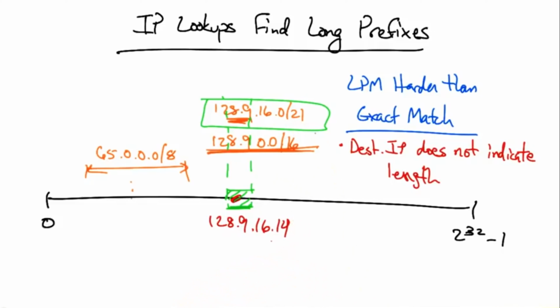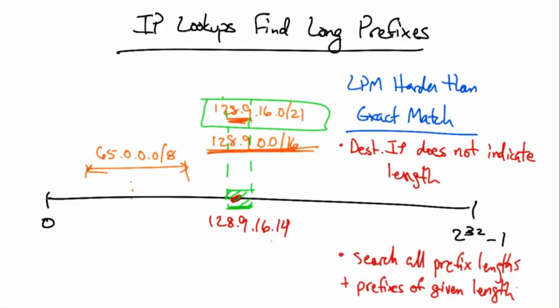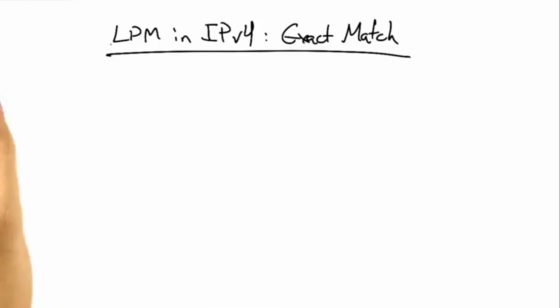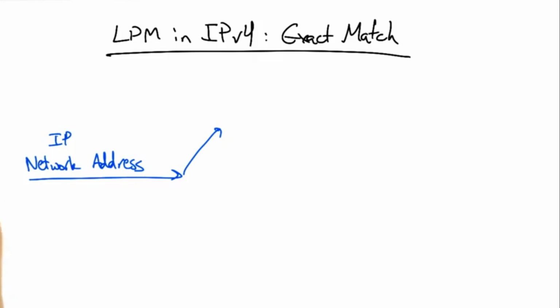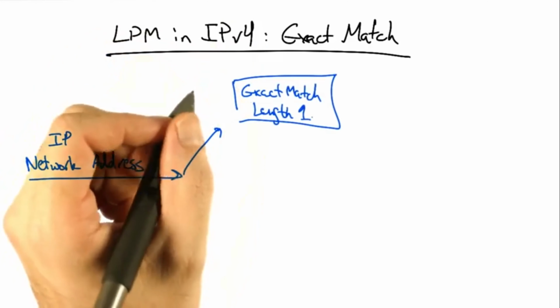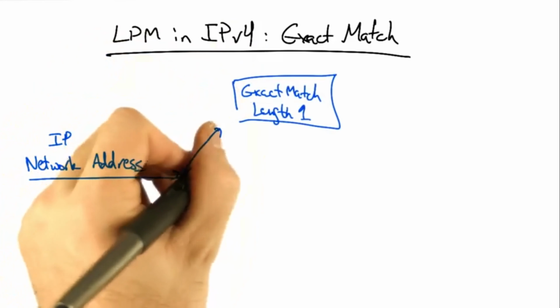So we somehow need a way to search the space of all prefix lengths, as well as prefixes of a given length. Suppose, for example, that we wanted to implement longest prefix match for IPv4 using exact match. In this case, we might take our IP address and send it to a bunch of different exact match tables.